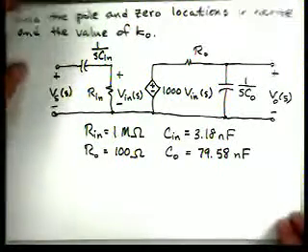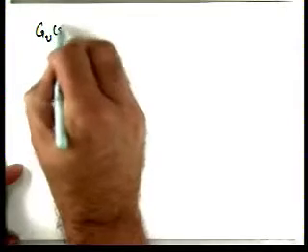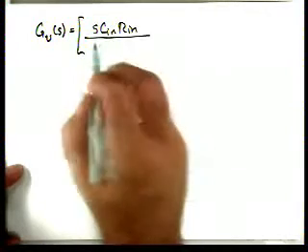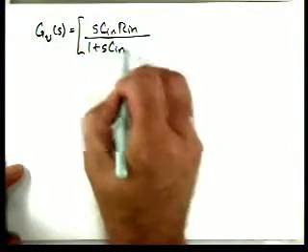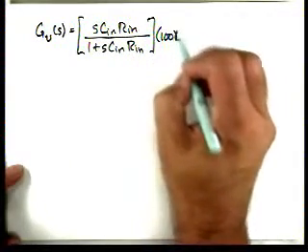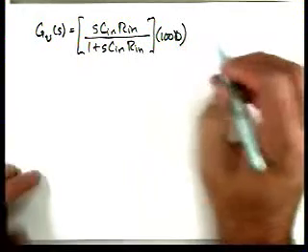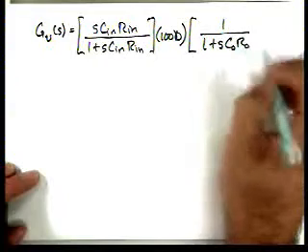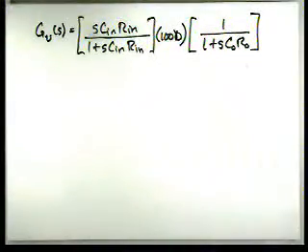And if we look in the text, the transfer function g(v) of s for this circuit is as follows. So let's convert this into standard form.